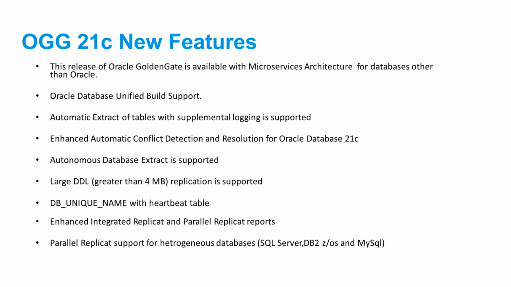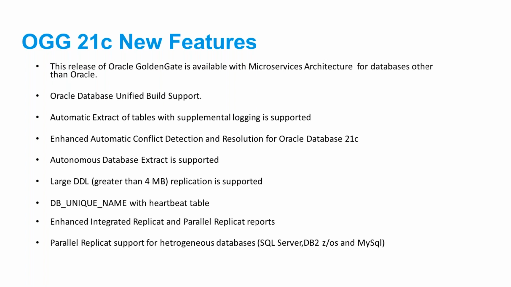Then automatic conflict detection and resolution. Automatic CDR was introduced in GoldenGate version 12.3. Now they have introduced some enhancements in that. So automatic CDR is also enhanced now. Then autonomous database extract is supported.